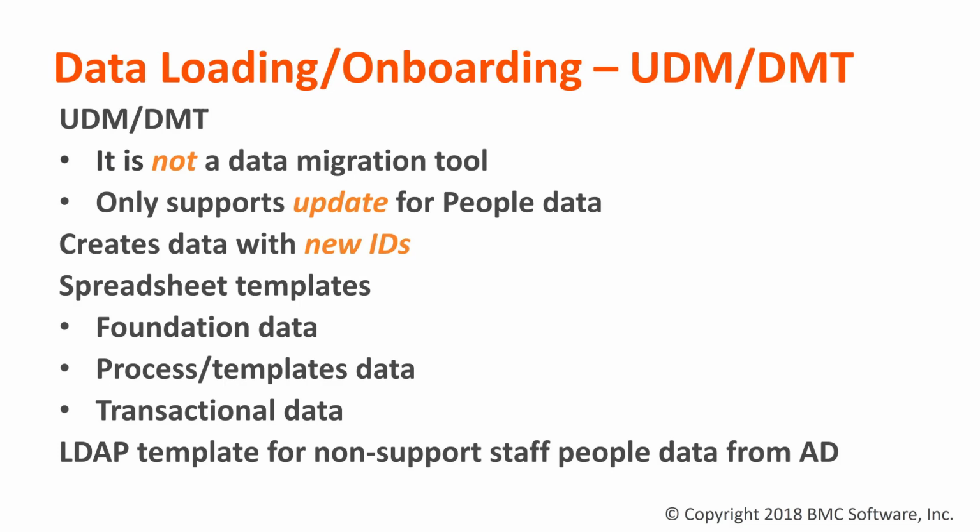So, for example, you have an option where you could pick multiple spreadsheets. You could run a job including company, support group, people, templates, all that in one job. What happens is it basically does a sequencing behind the scenes, and it creates those IDs, and it uses those references.